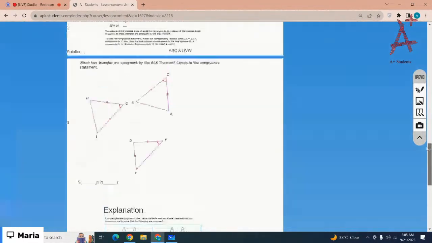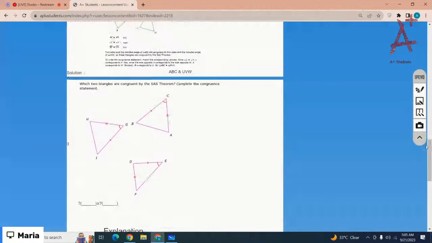Okay, the next question is which two triangles are congruent by SAS theorem? SAS theorem is two sides of the triangles are congruent and the angle between these two sides, right? You can see GHI has two congruent sides and the angle between them, and ABC has two sides and an angle between them, right?